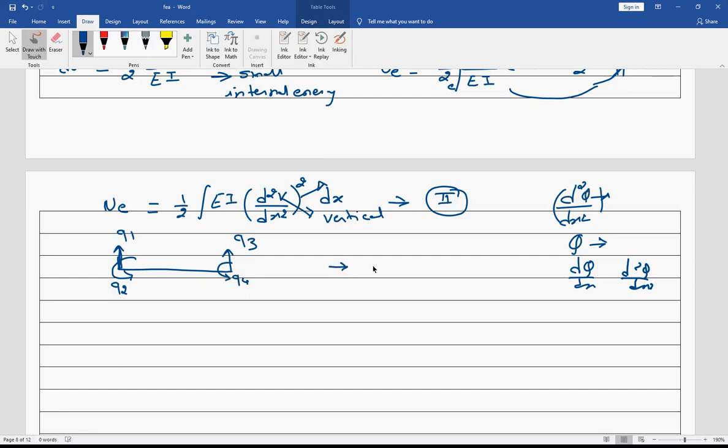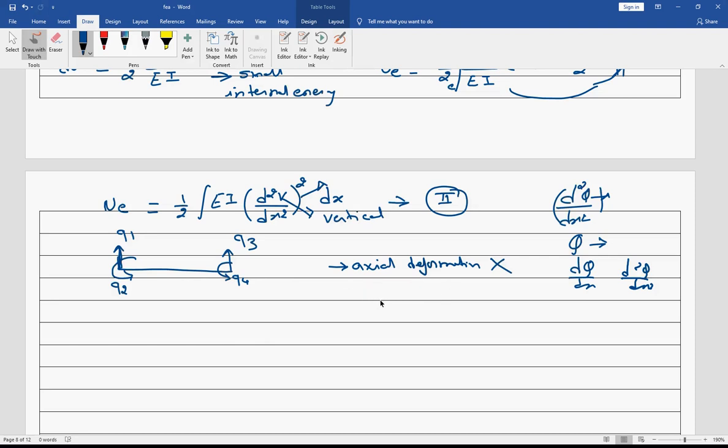There is no axial deformation. Okay, so that is absent. Okay, so that is going to happen, but the degree of freedom is not there.